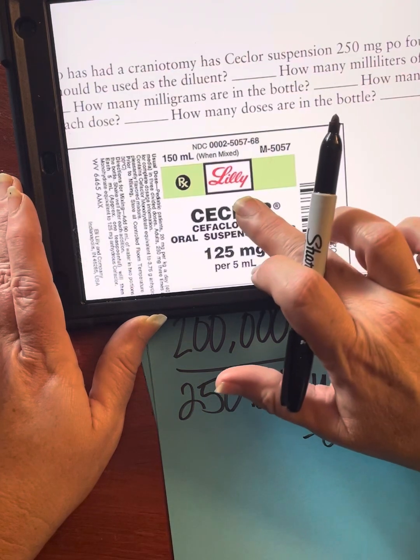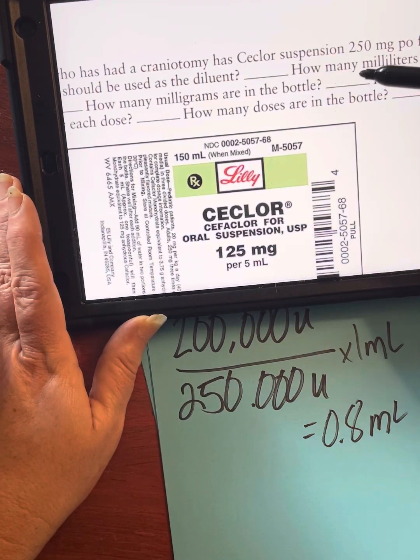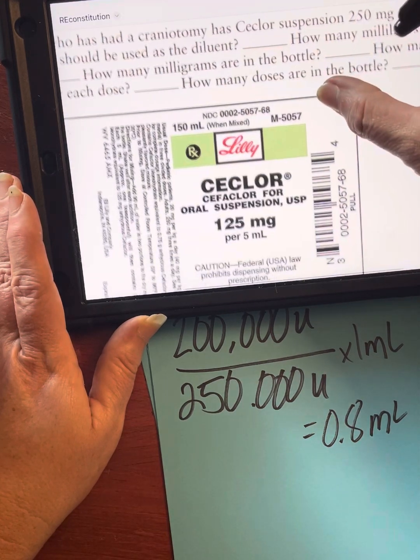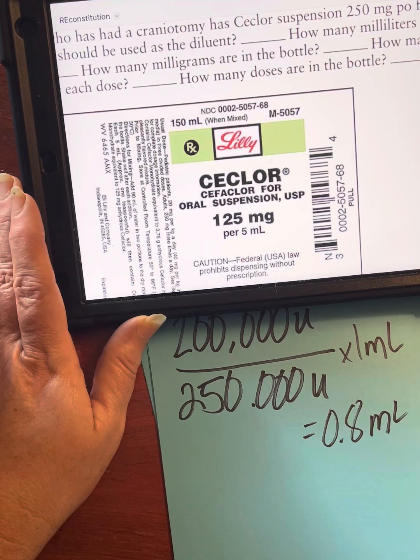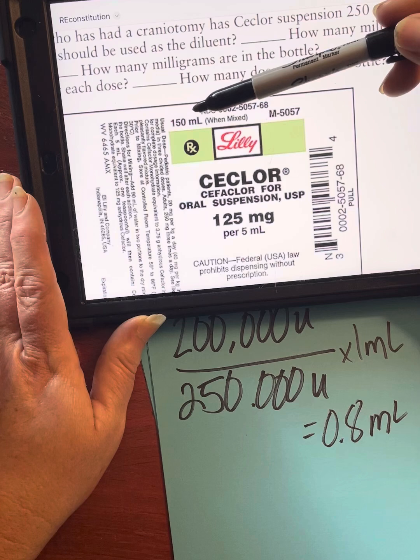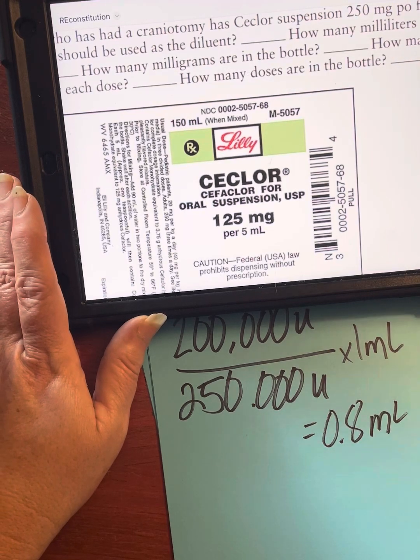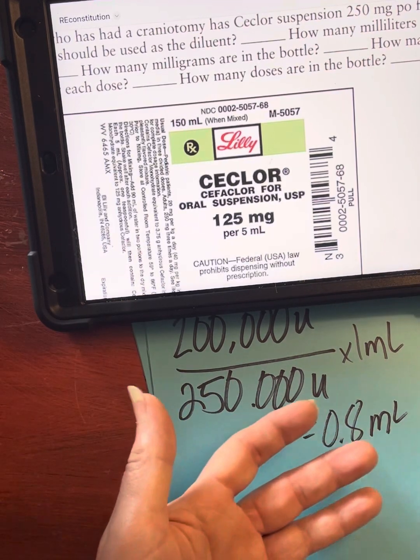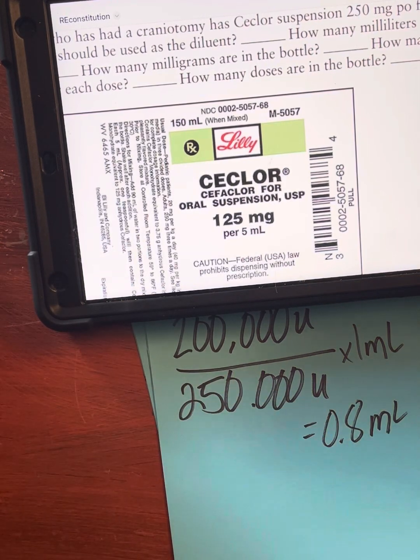Okay. How many milligrams are in the bottle? Once it's reconstituted, it's going to be total of 150 milliliters. That always kind of threw me because I'm only putting 90 in, but the medication powder will swell and increase how many milliliters it is.